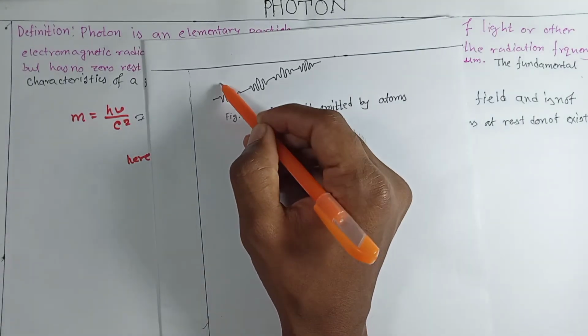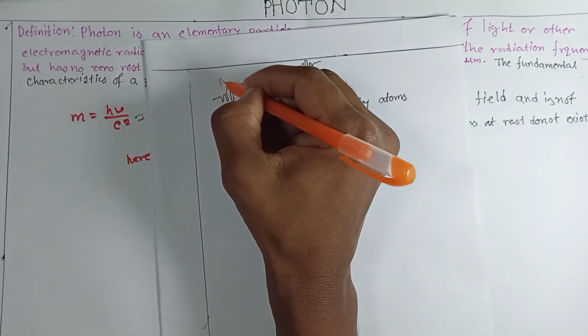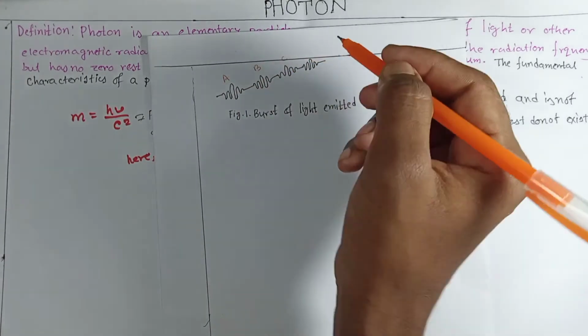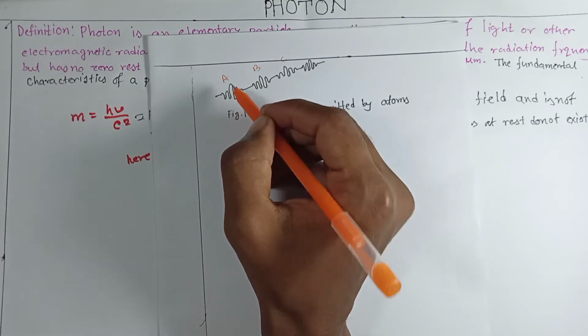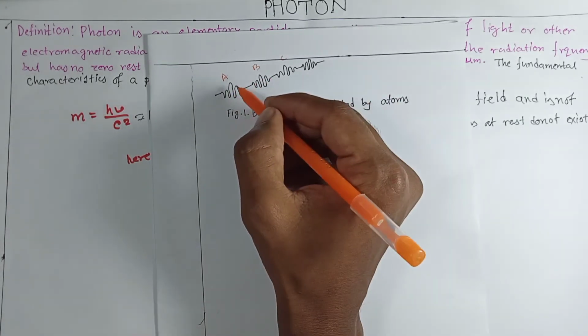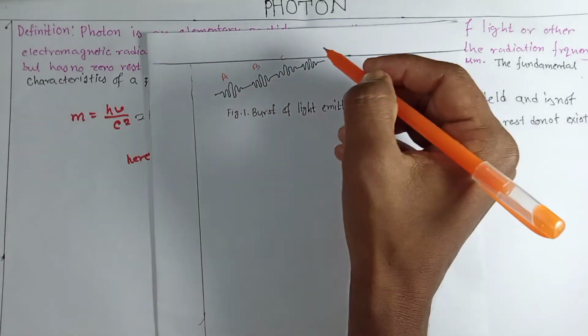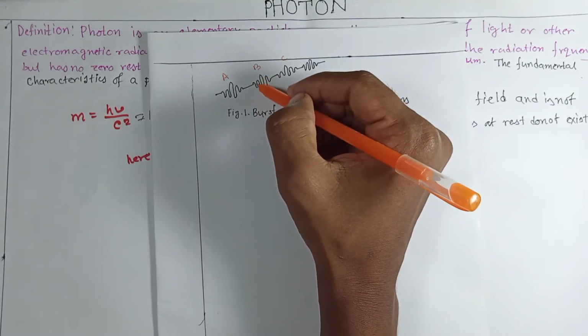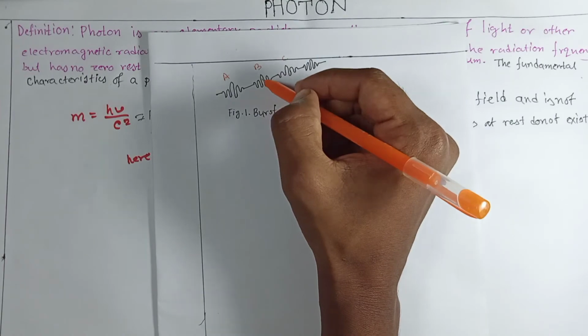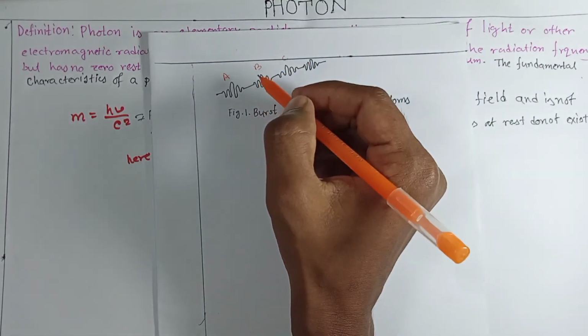This is atom A, this is atom B, this is atom C. Here when atom A produces a burst, after some time atom B produces a burst.